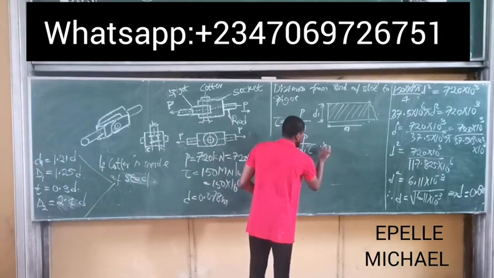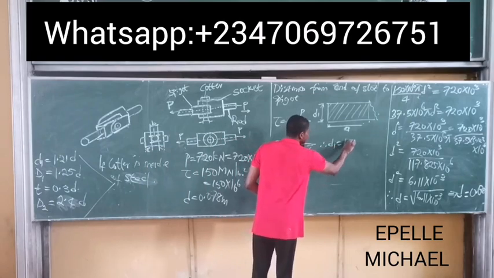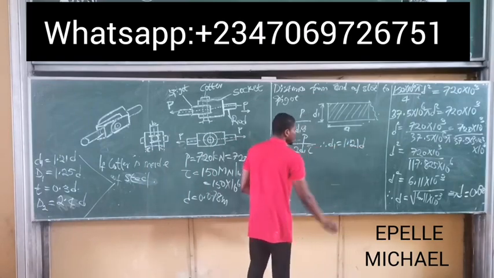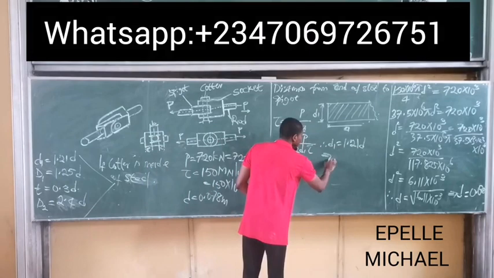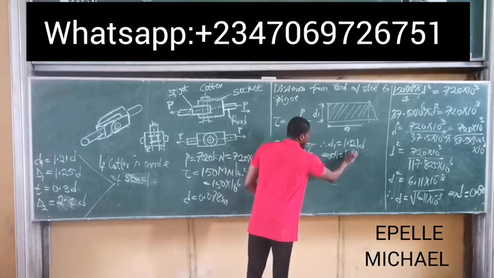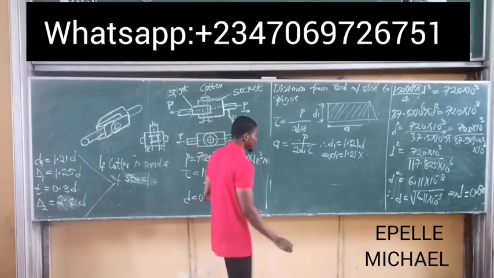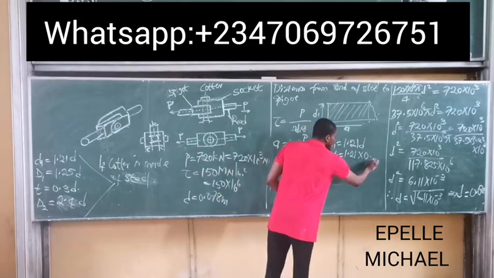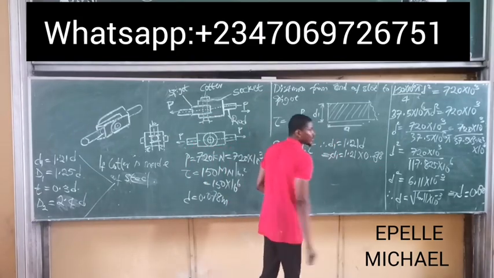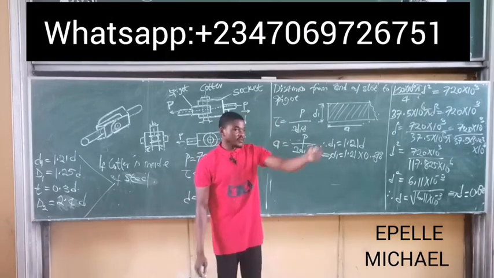D1 equals 1.21 times D, and D is simply 0.078.